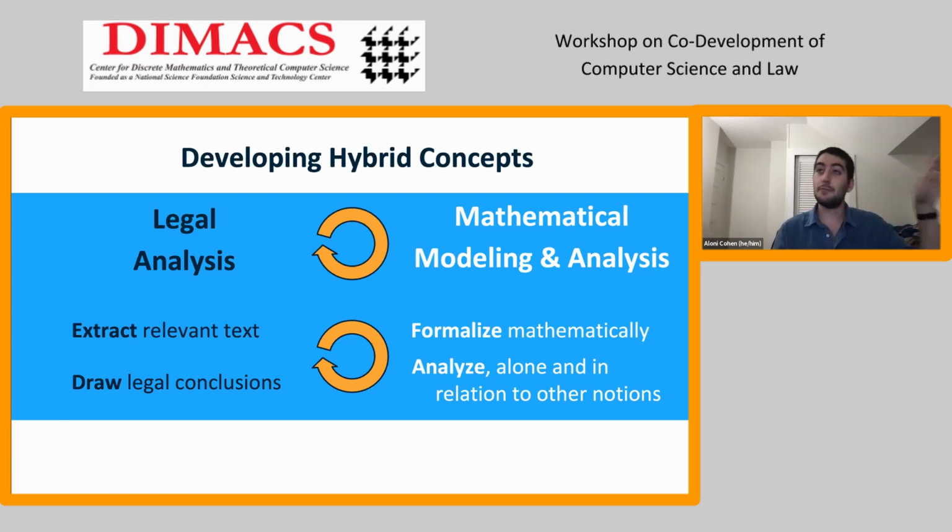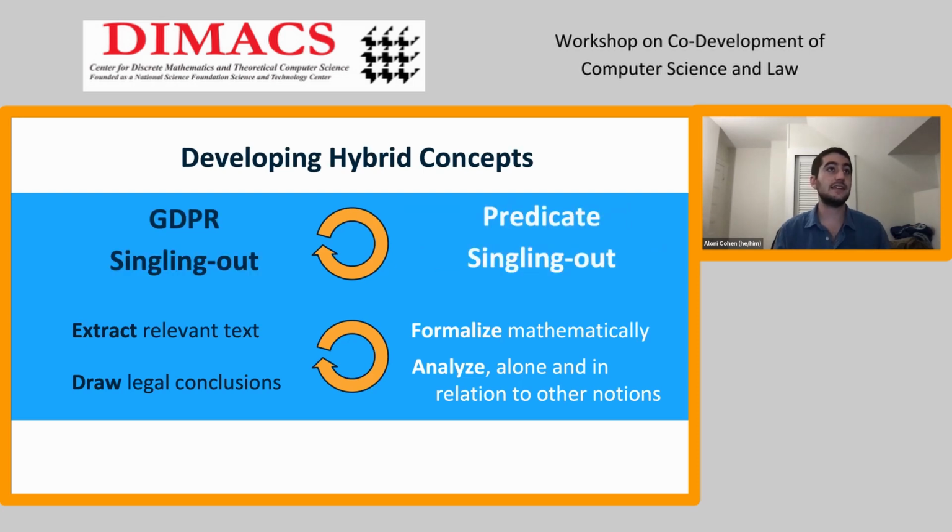If it doesn't, maybe go back to the law, try to understand it some more, draw legal conclusions, formalize, and there's this whole back and forth until you maybe get something that makes sense, hopefully. It's slow going in a lot of ways, but it raises interesting technical questions that have legal salience, like I said before.